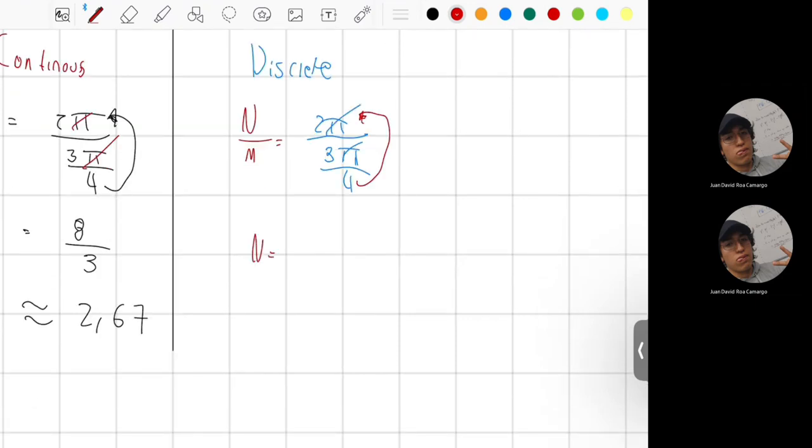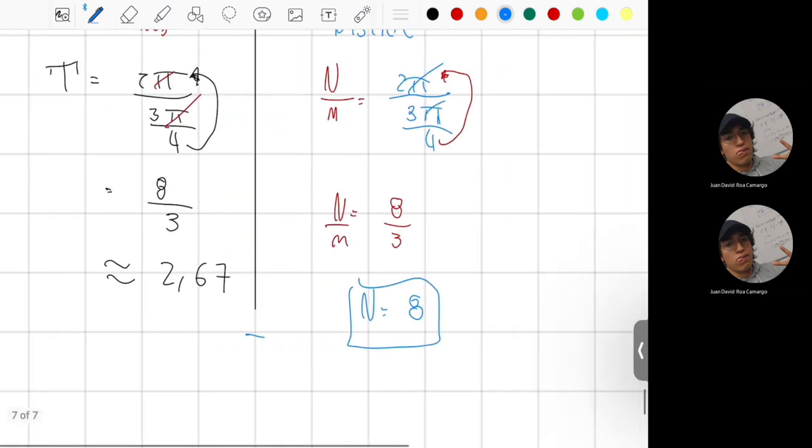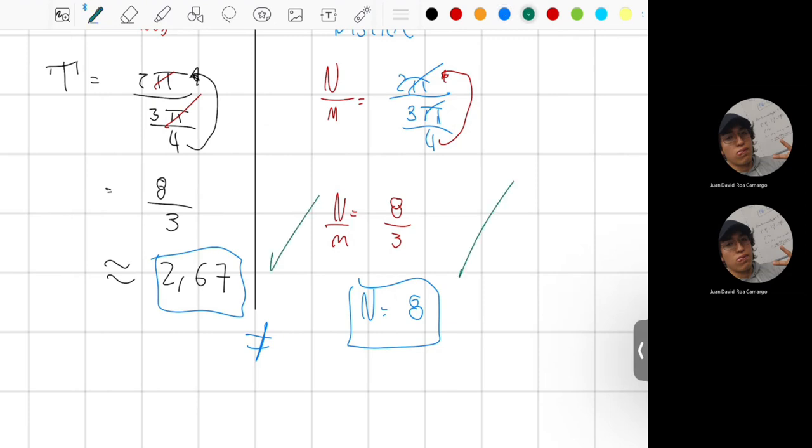So n equals 8, and m equals 3. So the period, in this case, is 8 for the discrete signal, which is not the same as the continuous one. With this example, we can understand that they were quite different.